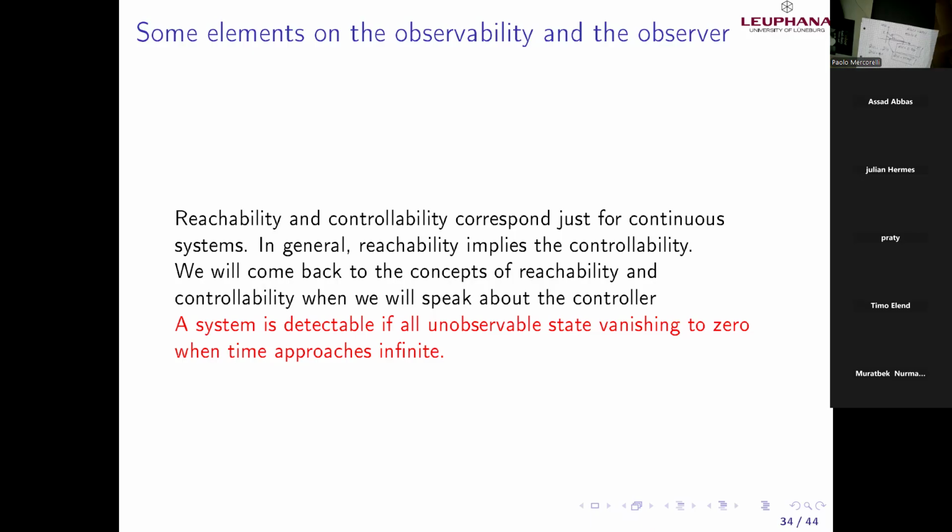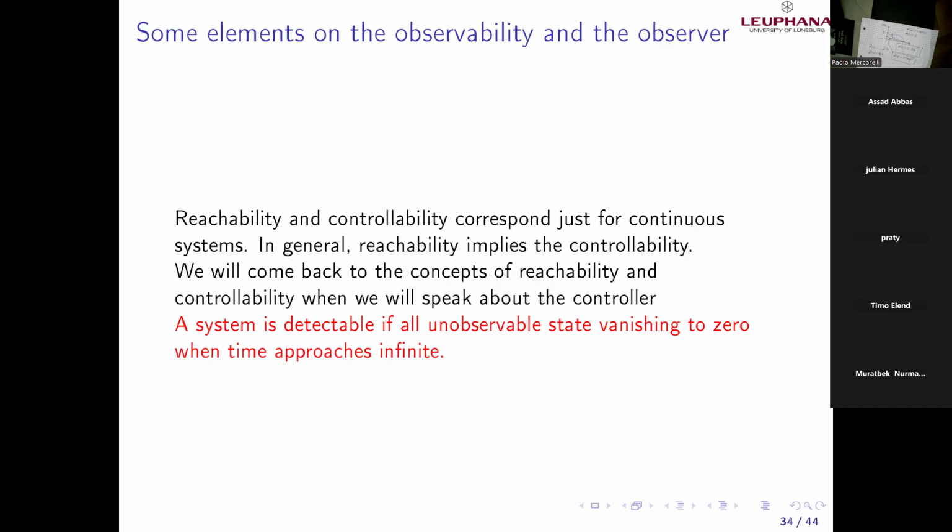It seems that detectability, in accordance with this sentence here, is in a definition. I didn't put it as a definition just in order to relax the lecture a little bit, but it is a definition. Not only that, because I didn't put any, as I told you now, any definition of unobservability, at least not introduced in a formal way.